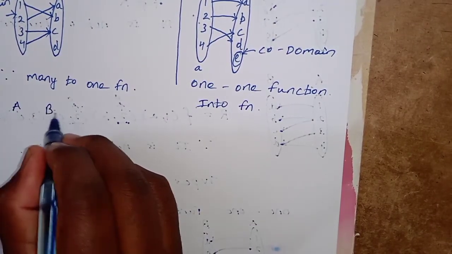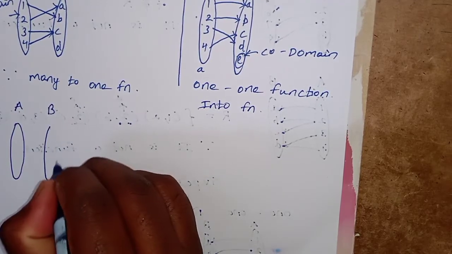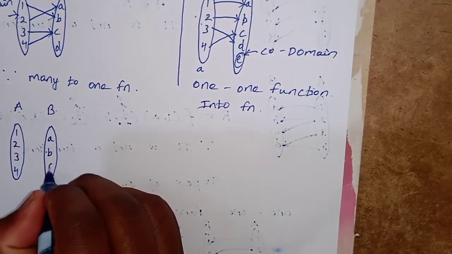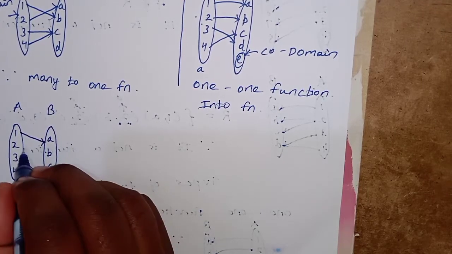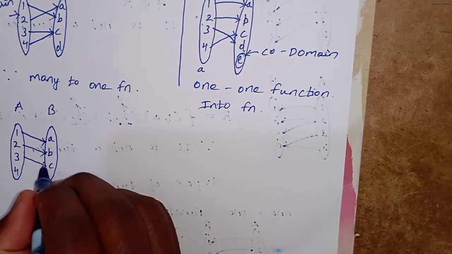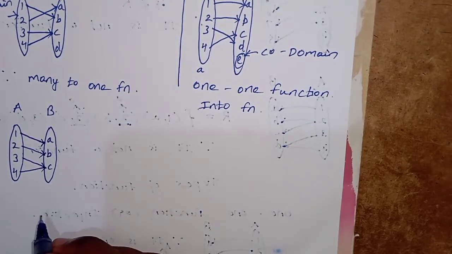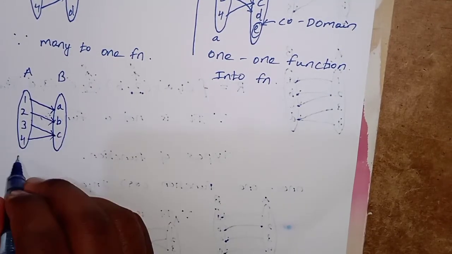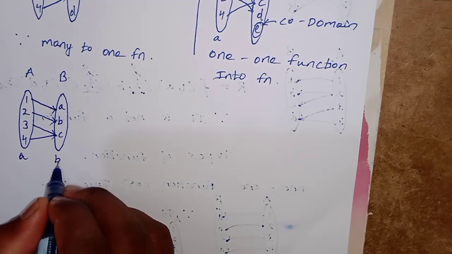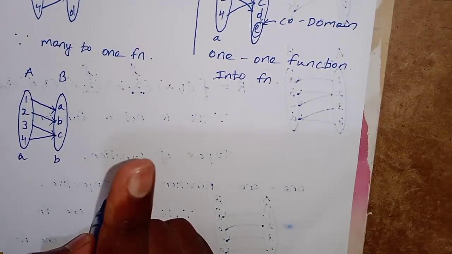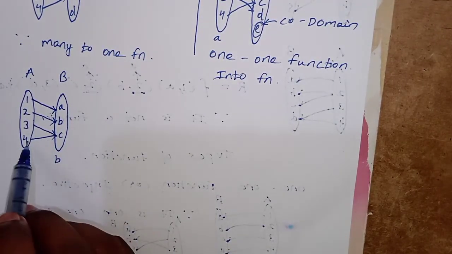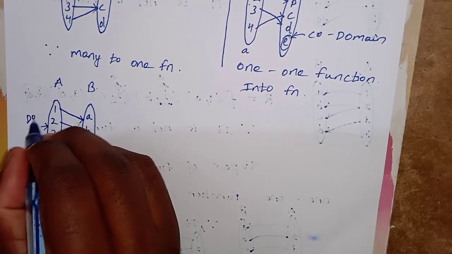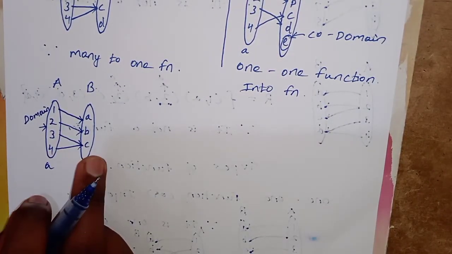Next, last example, A, B. Here A is 1, 2, 3, 4, and B is A, B, C. 1 is related to A, 2 is related to B, 3 is related to C, 4 also related to C. First condition, you have to check one-one or many to one. Here two elements are related to one element, so you have to check the domain.